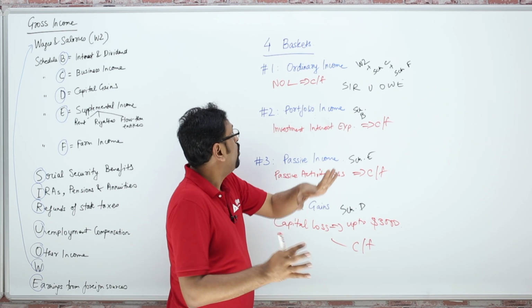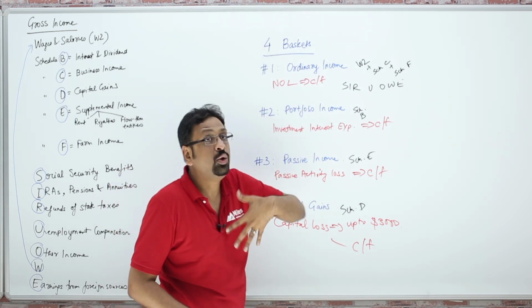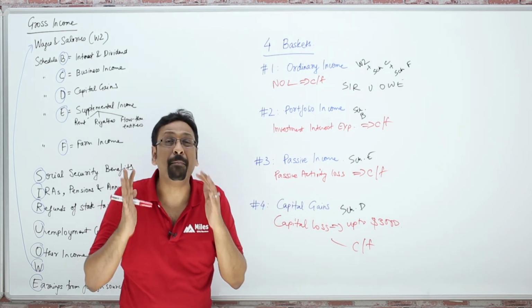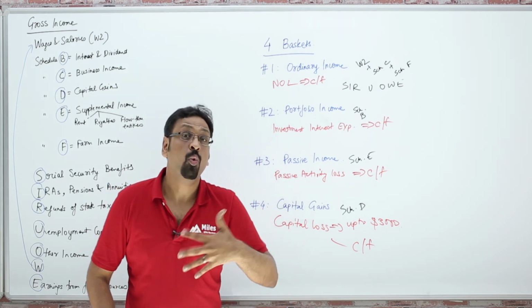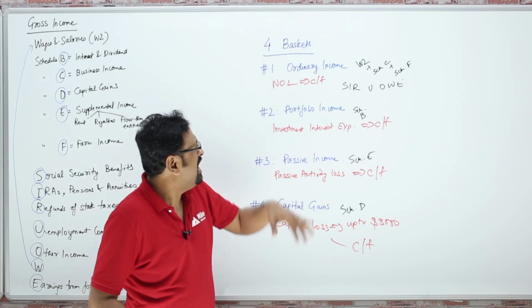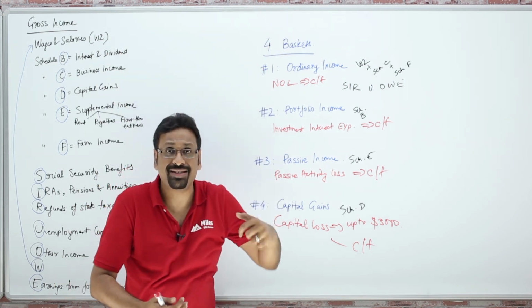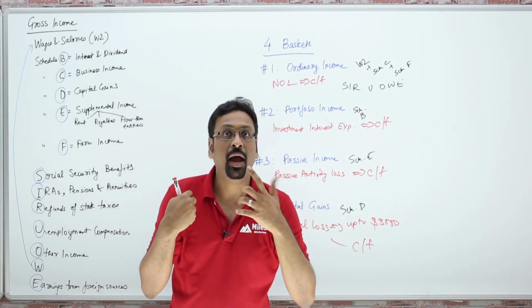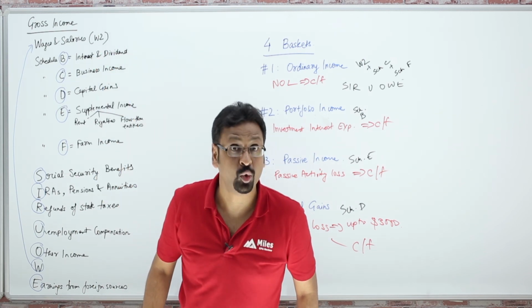So guys, the reason why we have classified income into these four baskets is to help you understand the limitations if we have losses or if we have certain expenses which are more than income. So with this, let's get to the book, look at gross income, look at the four baskets, and then we'll come back and we'll start with wages and salaries, your W2 income.